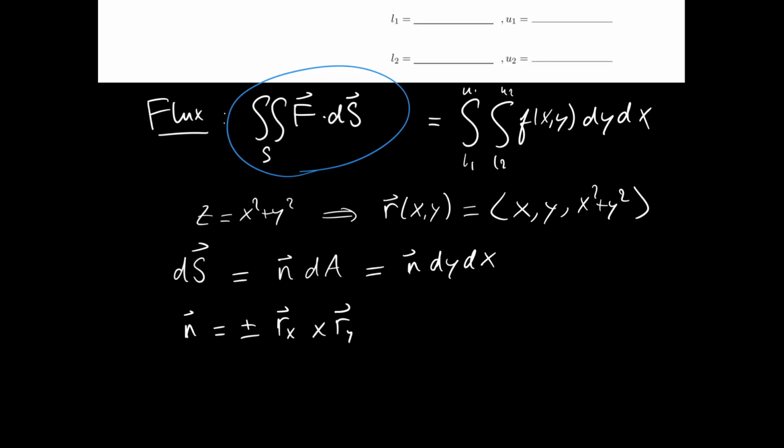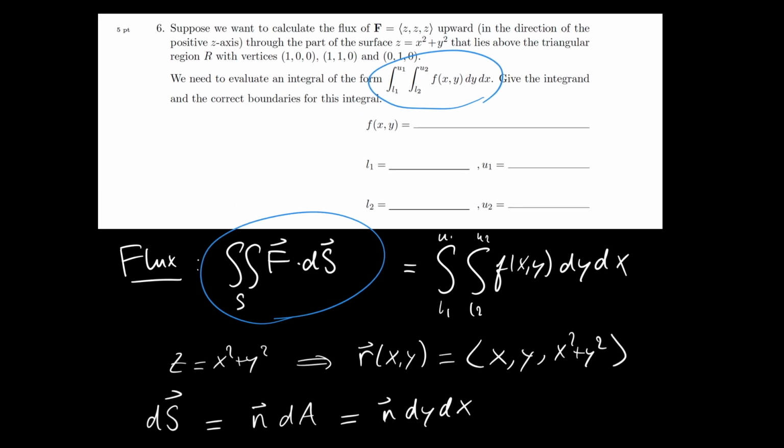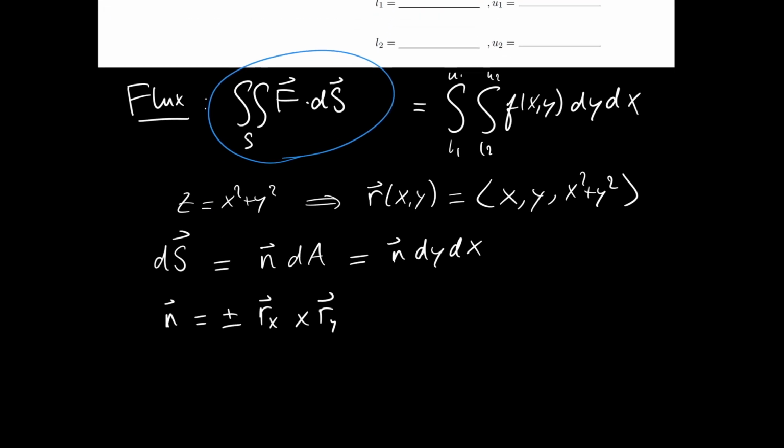It's plus or minus depending on the direction the normal vector is pointing. Now, according to the question, we are looking for an upward flux. So we want to choose n such that it's pointing upward, which means in the direction of increasing z.